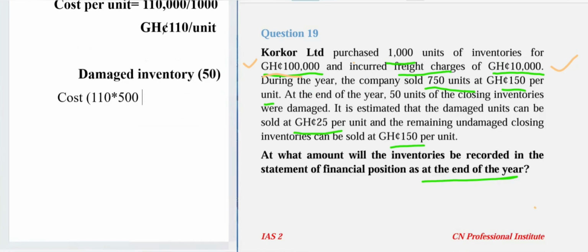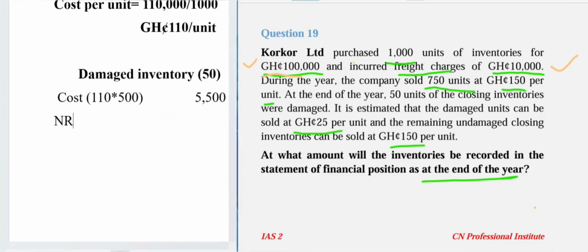So multiply the damaged 50 by 110, and that will give us 5,500. Okay. So this is the cost of the damaged inventory.